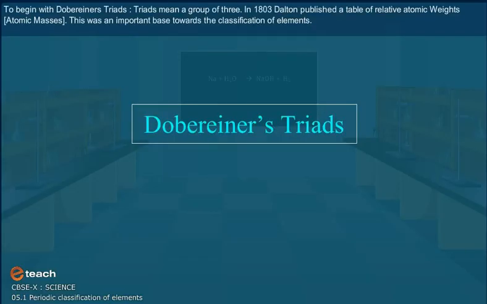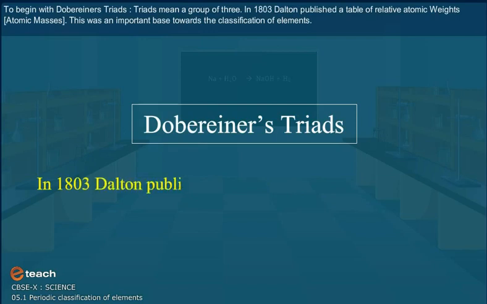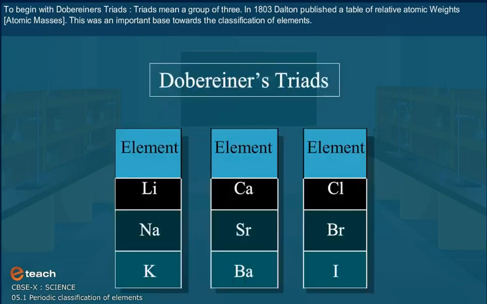To begin with, Döbereiner's triads. Triad means group of three. In 1803, Dalton published a table of relative atomic weights. This was an important base towards the classification of elements.